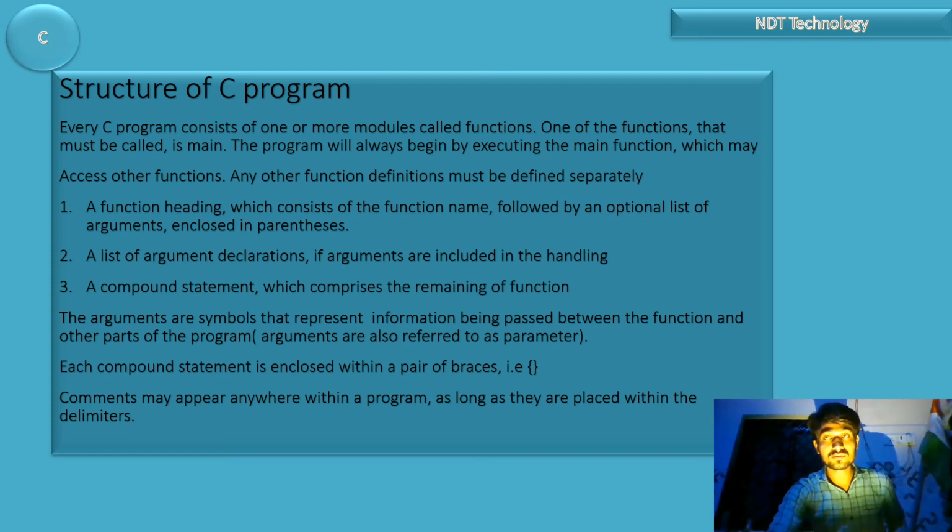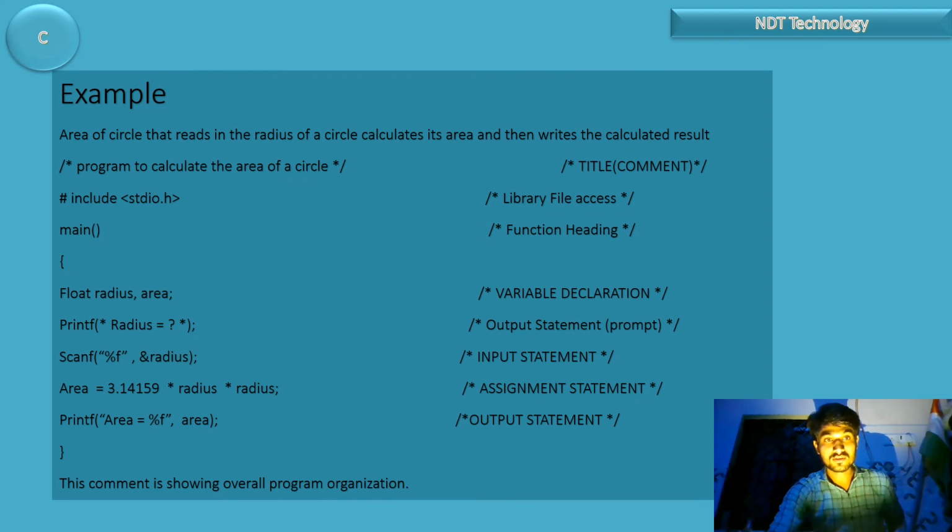Now here is an example of a C program: area of a circle, which reads in the radius of the circle, calculates its area, and then writes the calculated result. So here is how to write a program to calculate the area. First line is the heading of the program, the title: program to calculate the area of a circle.